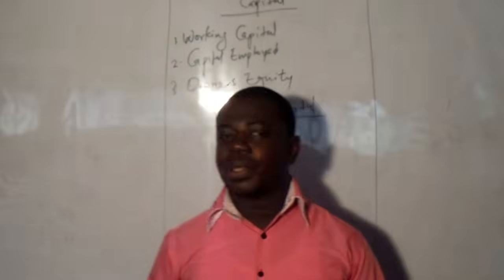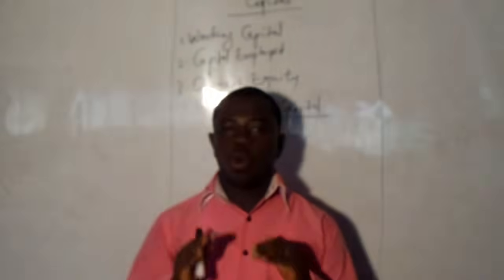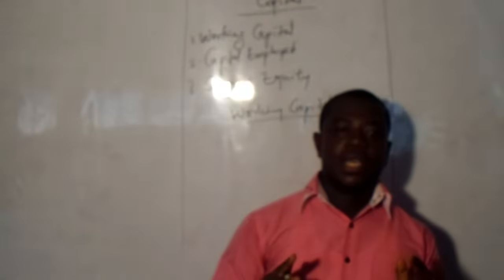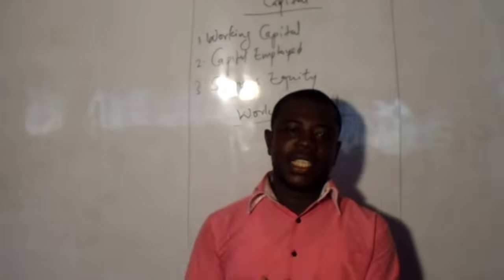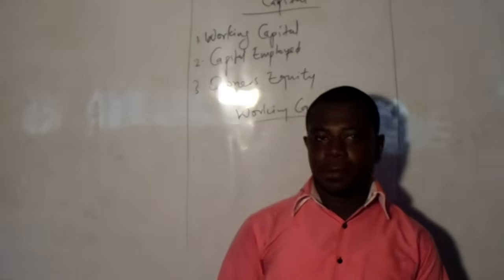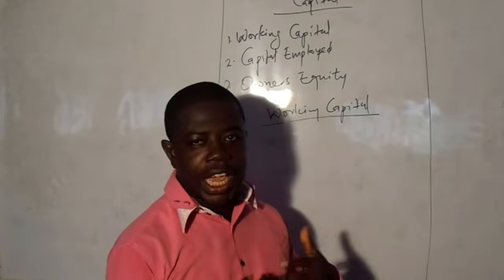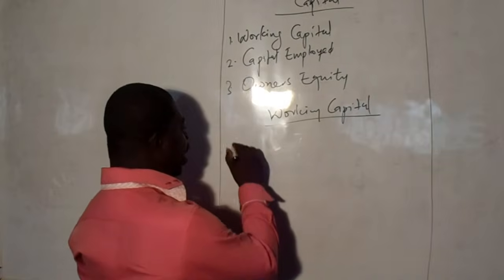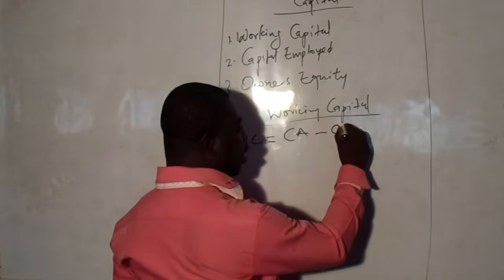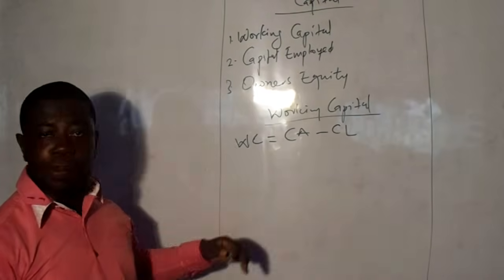Now, what is working capital? Working capital is simply the excess of your current assets over your current liabilities. That is your working capital. So in every company, we expect that your current asset minus your current liability should be positive.